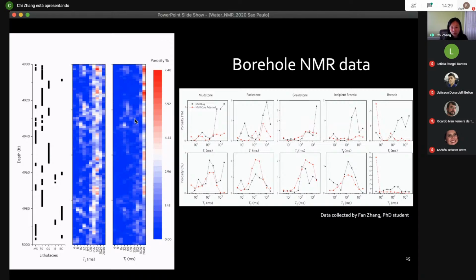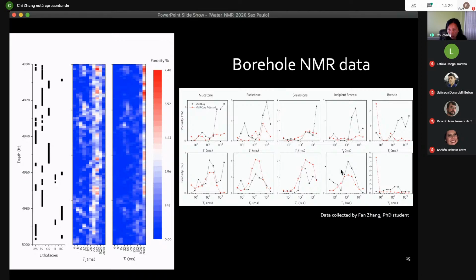And some of this you can probably also say is not fully decayed, especially for this T1 relaxation time. If we do a comparison between the log NMR and the core NMR we took from exactly the same depths, you can see the log NMR is labeled in black dots, and the core NMR is in red dots.